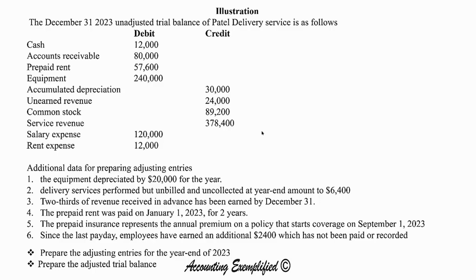Now, for numbers 1 through 6, we have given some information to calculate the amount of the adjustment and the adjusting entries. First, we will open up an unadjusted trial balance showing all these accounts with the respective balances, and then we will show the adjusting entries, and then we will calculate the adjusted balance for each account.